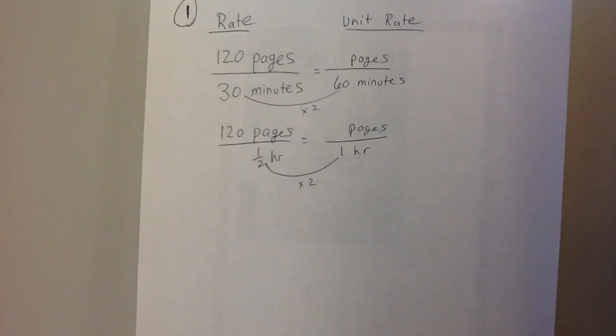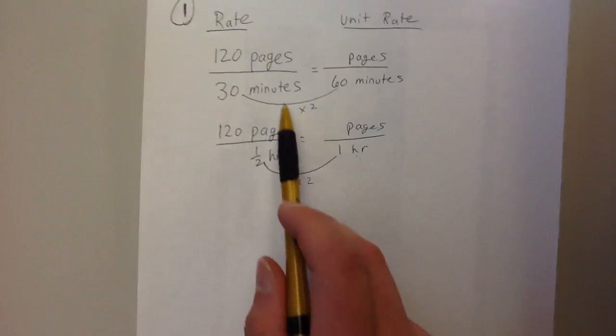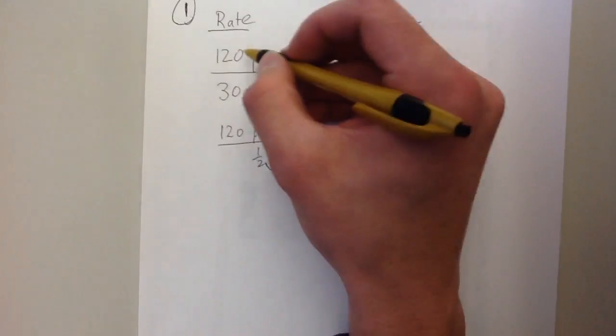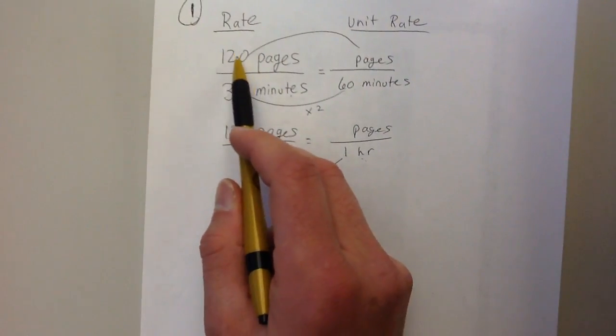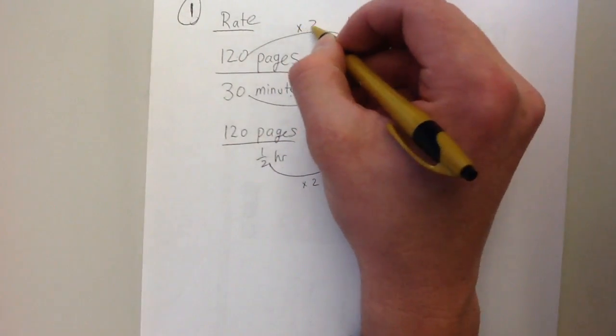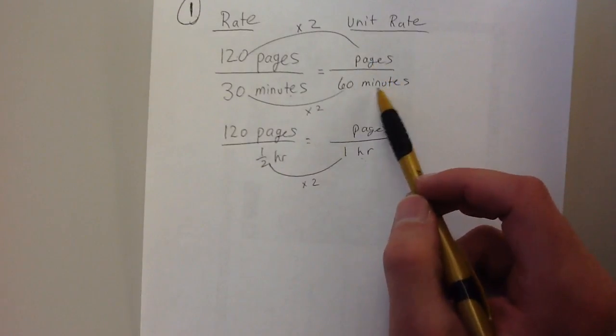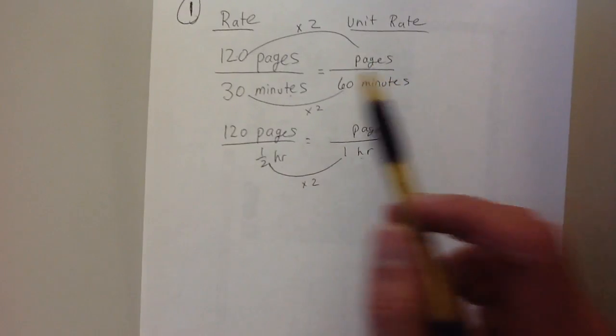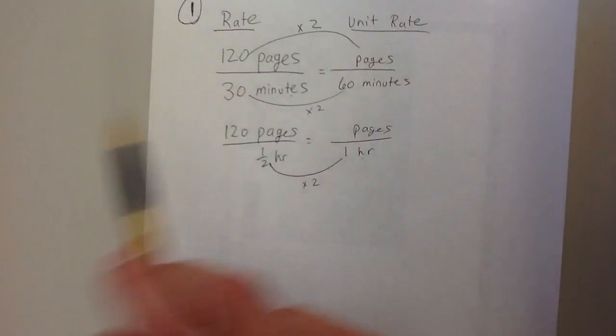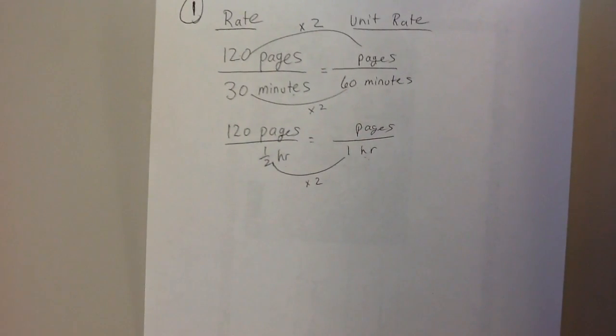Either one will give you the same exact answer. If you multiply the bottom of the fraction by 2, you've got to do the same thing to the top. So basically, you're multiplying 120 times 2 to give you the number of pages per 60 minutes or number of pages per hour. So if you multiply 120 times 2, you're going to get 240.